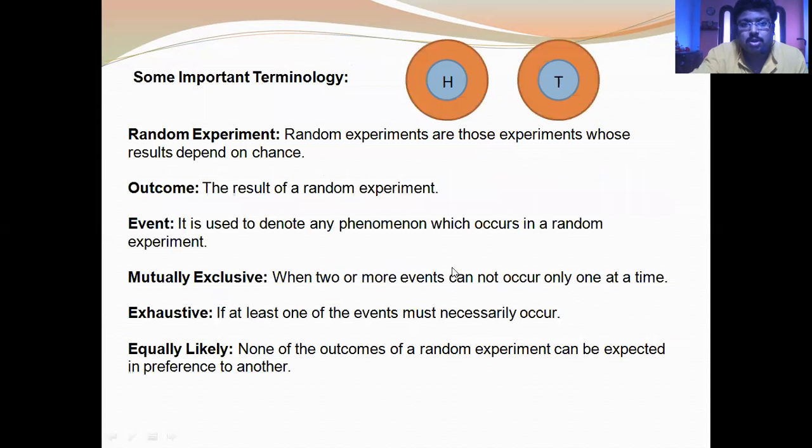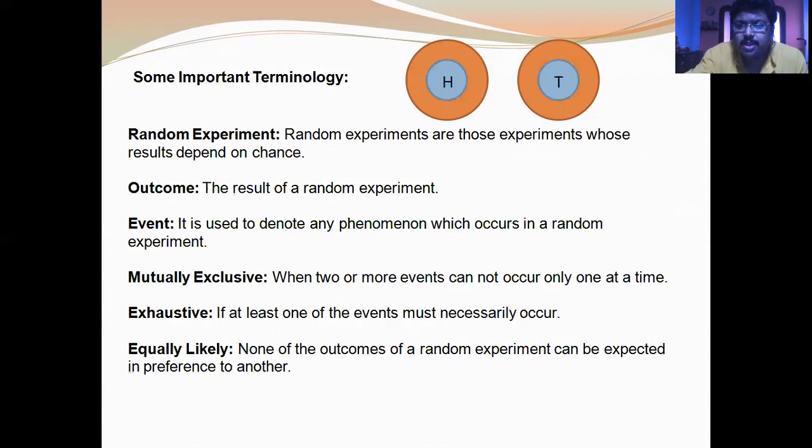Okay. So some important terminology is there, and you should have a clear idea over these concepts. So, what is a random experiment? Random experiments are those experiments whose results depend on chance.